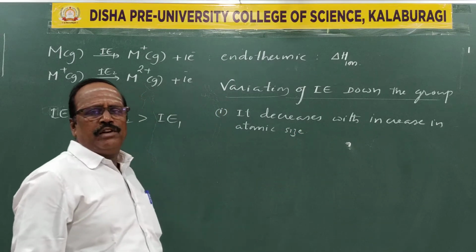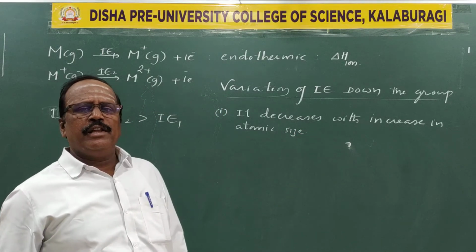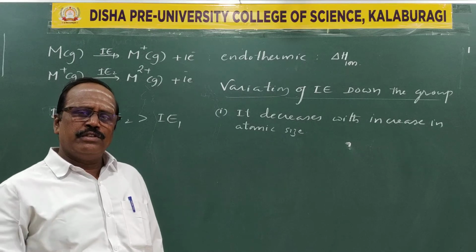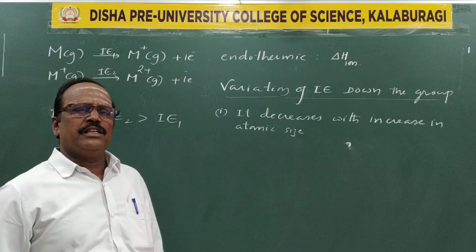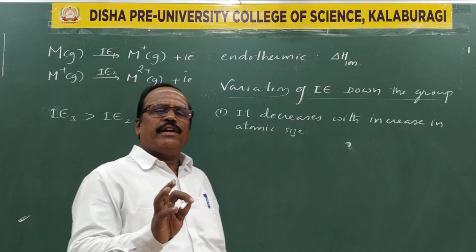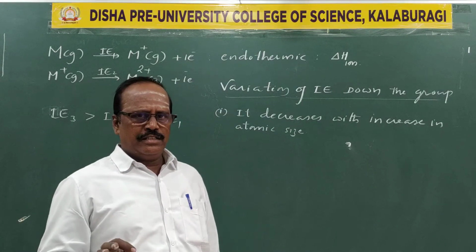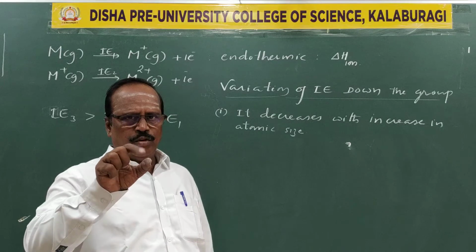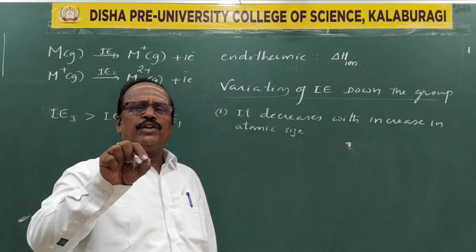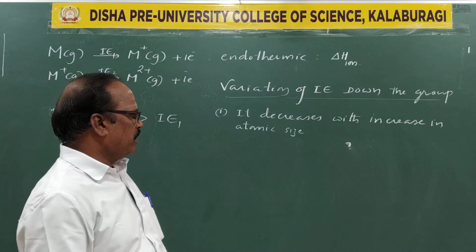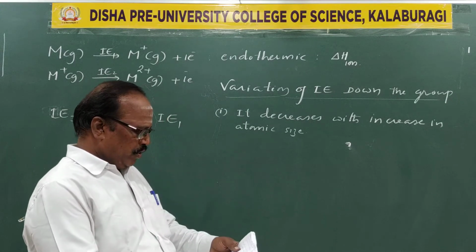If you see any vertical column, any family, any group, there is an increase in the size of the atom, and the force of attraction becomes less and less. Therefore the amount of energy required to remove that electron goes on decreasing. This point is to be noted.